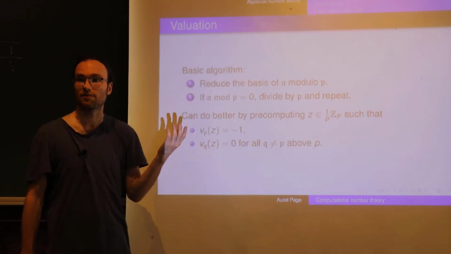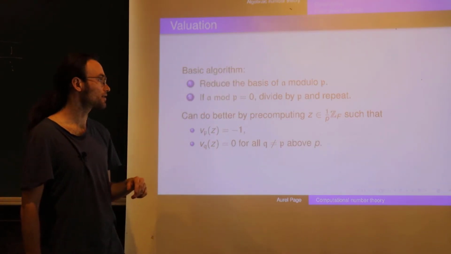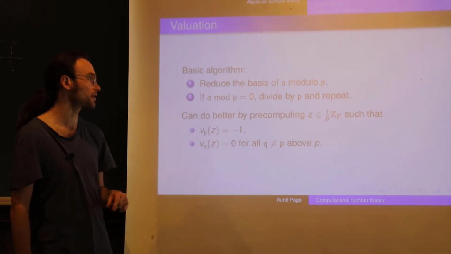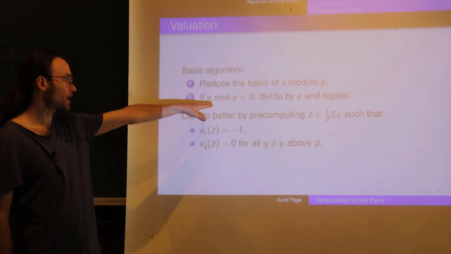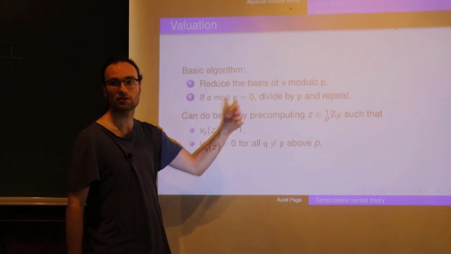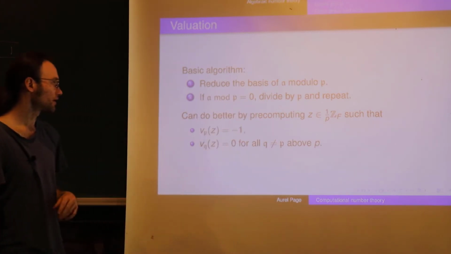That will tell us if P divides A, so if there's a non-trivial exponent for P in A. And if that's the case, we divide by P. So dividing by P is, again, just a linear algebra operation.